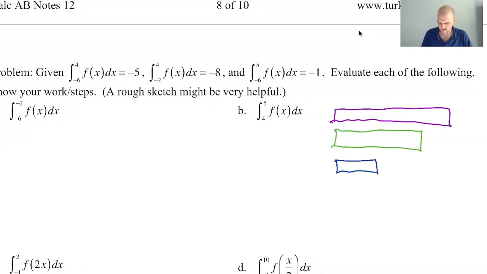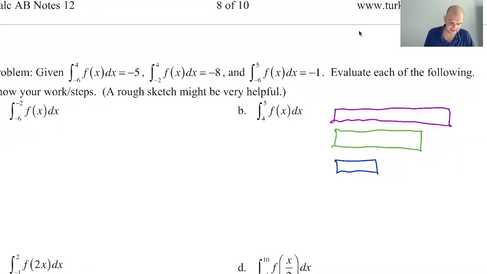By rearranging these, I could do this rod minus this rod to give me this amount, or this rod minus this rod to get this amount. That's how I handle these.